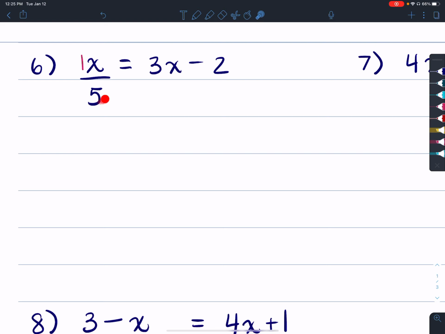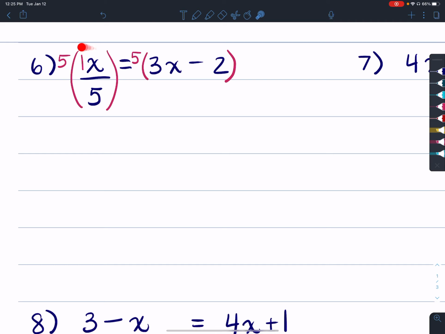So I don't want it cut up into 5 pieces. If this is one slice of x that was cut up into 5, I want all 5 pieces. That's why I'm going to multiply this by 5, because I don't just want one piece of it. So this gets multiplied by 5 to get rid of that denominator.